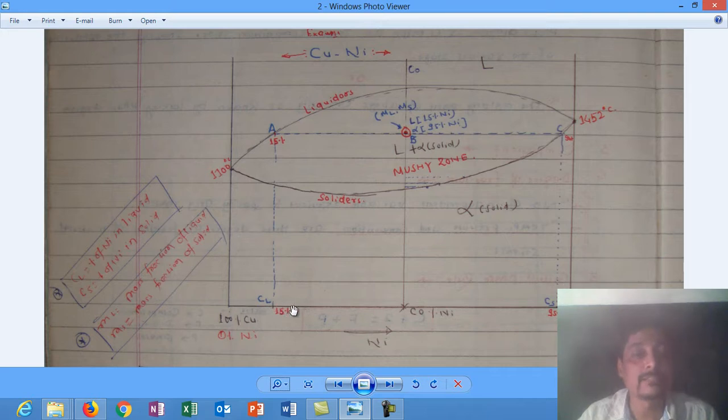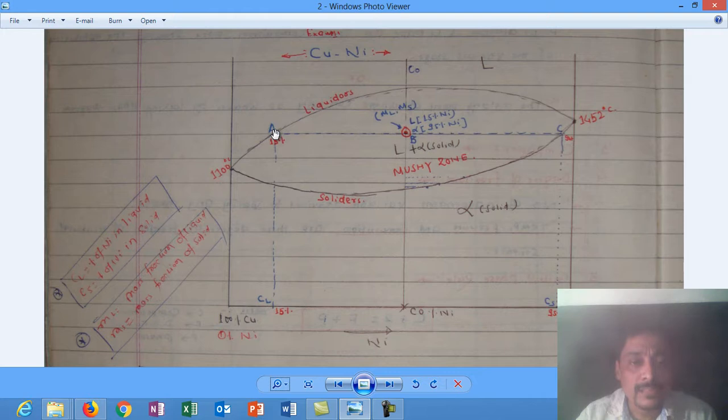If here it is 15%, that means in the liquid phase there will be 15% of nickel. Why the liquid part? Because this horizontal line cuts the liquidus.